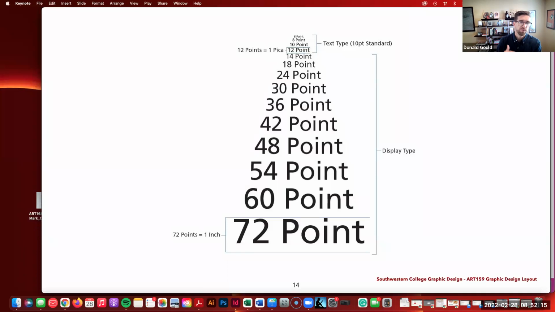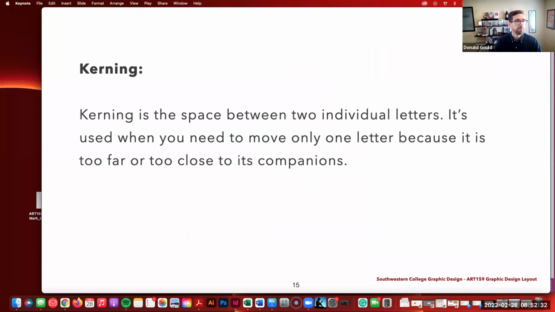So you should almost always be working with 6-point or above. But you can see that there is general sizing for a lot of those. And again, you want to be sure that you understand that the point refers to the actual size itself. And we can see all those different variations here. So we're playing with size, and that's one thing we're going to be exploring within this particular project this week.